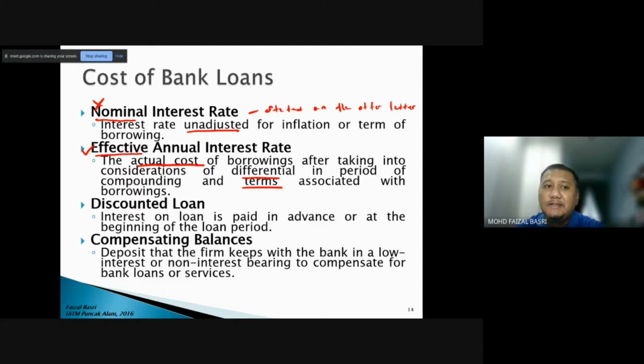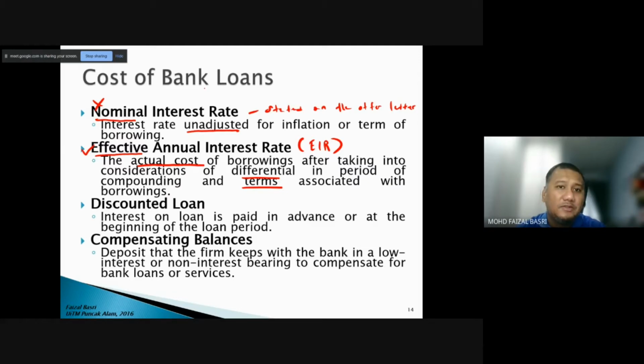As I said, between the two, the best way is to calculate the effective annual interest rate. This is where, as I said earlier, we use the term EIR, effective interest rate. And we're going to calculate the EIR for all options that we have. This is the one that we're going to calculate later, the effective interest rate.